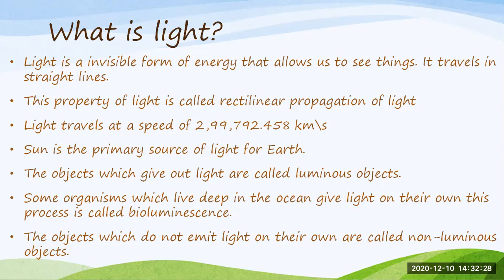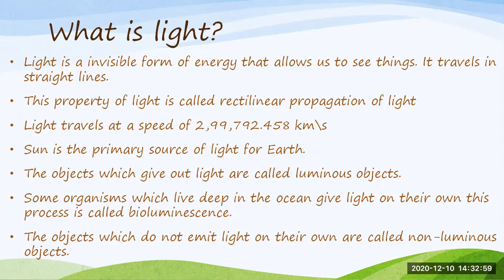The objects which give out light, like the tube light, sun, the candle, and so on, are called the luminous objects because they emit light on their own. And some organisms, that is living things, live deep in the oceans, and they also somewhat emit light on their own.